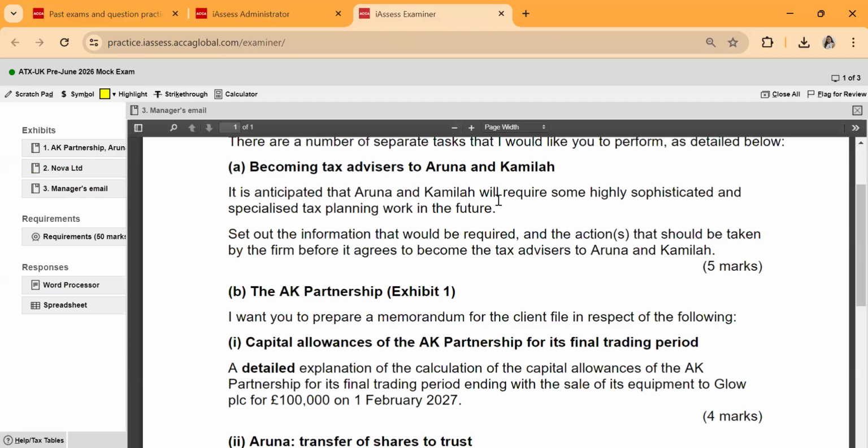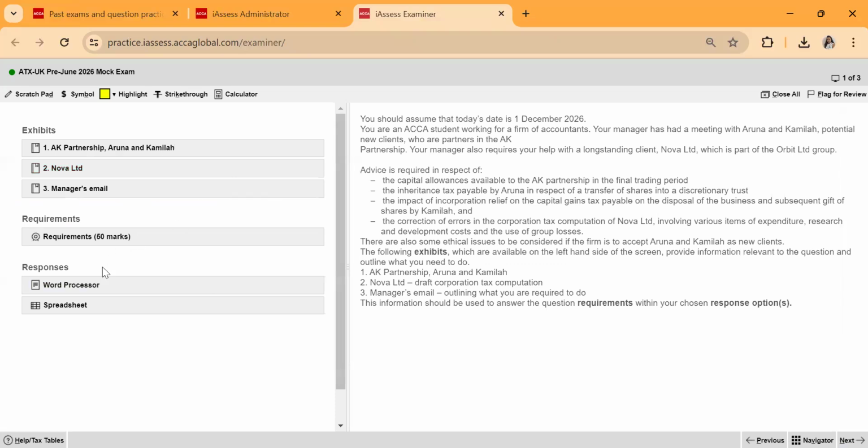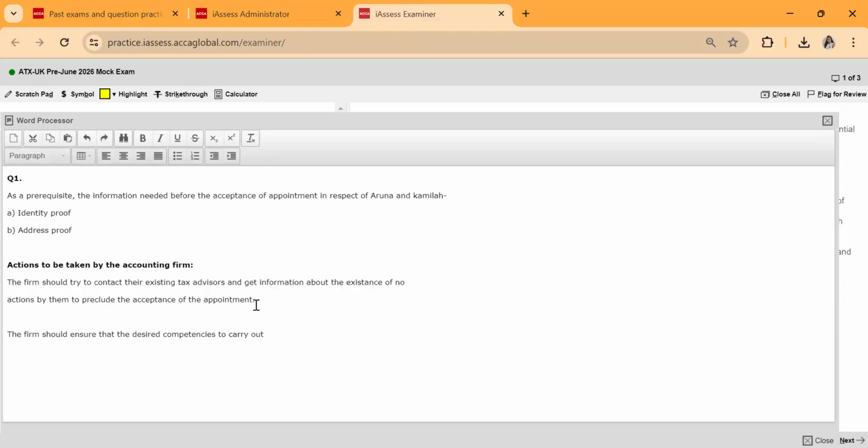Sophisticated and specialized tax planning work. I will use that. Always use the information given in your question also to carry out the sophisticated and specialized tax planning work.